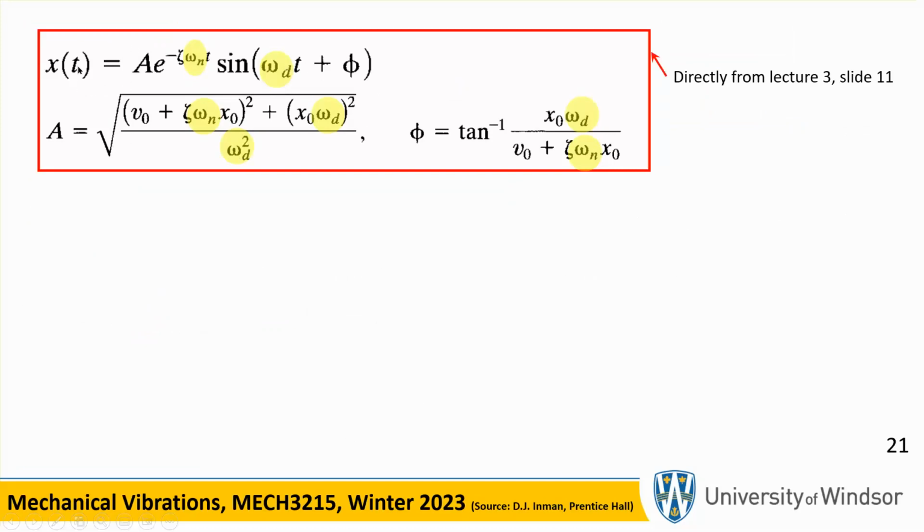There is no force applied except for what is coming from the additional initial velocity that's imposed. Now, if in here you plug in your v naught equal to square root of 2gh, and x naught is zero, then tan inverse of zero is zero, so phi becomes zero.